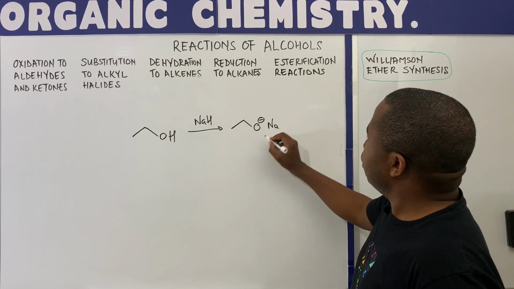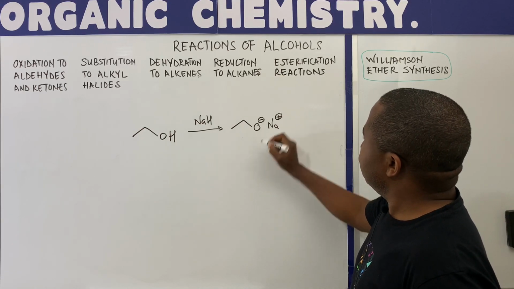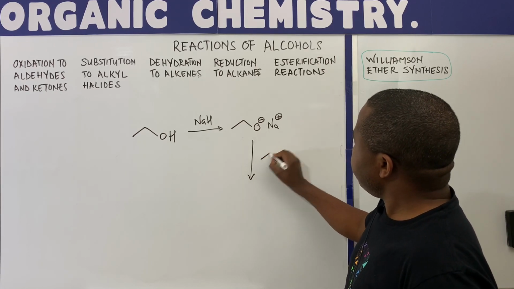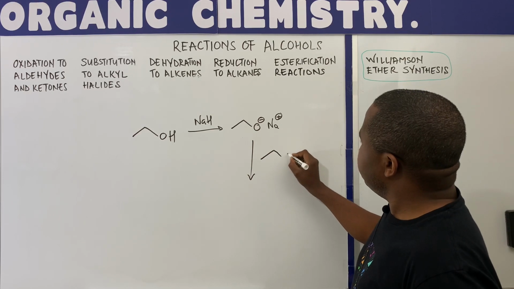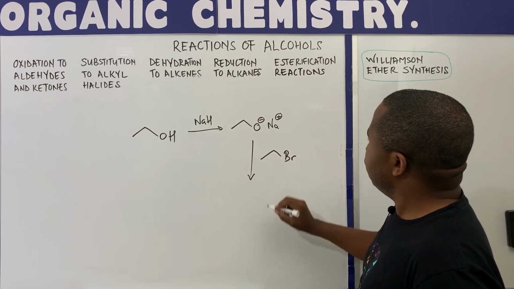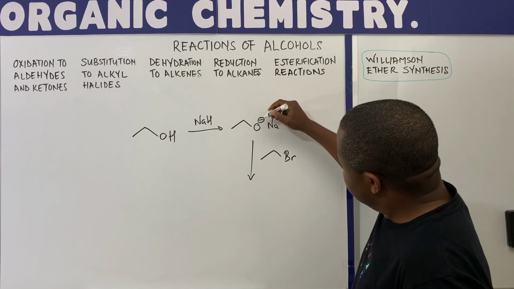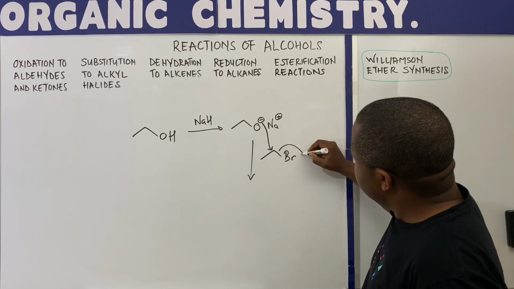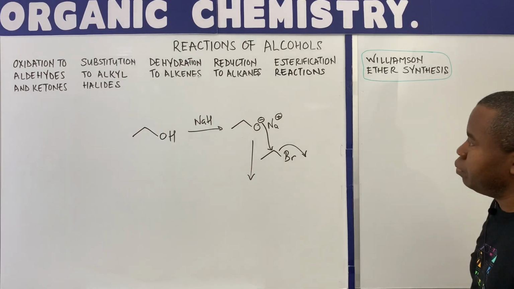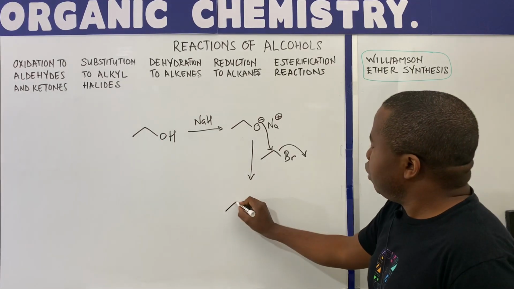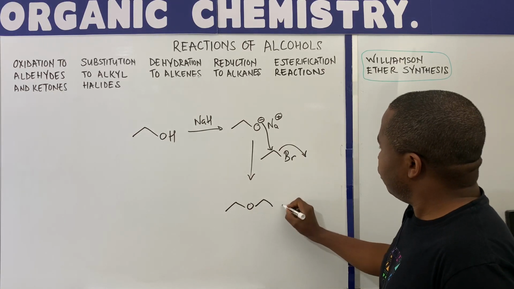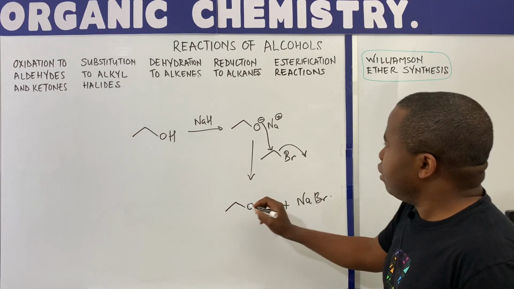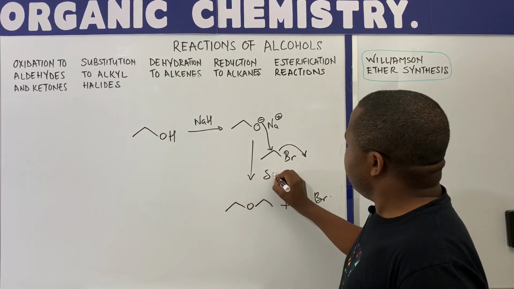We form this, and then this reacts with, let's say, ethyl bromide again. So this does a nucleophilic attack on this and displaces the bromine atom. So we form this plus sodium bromide.